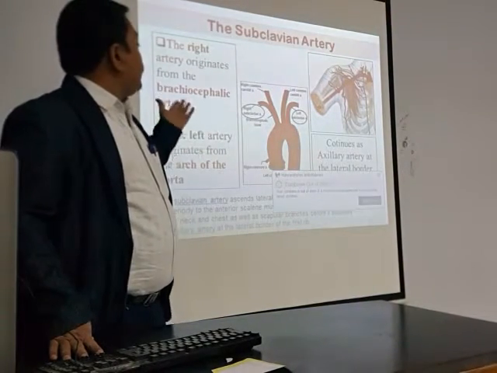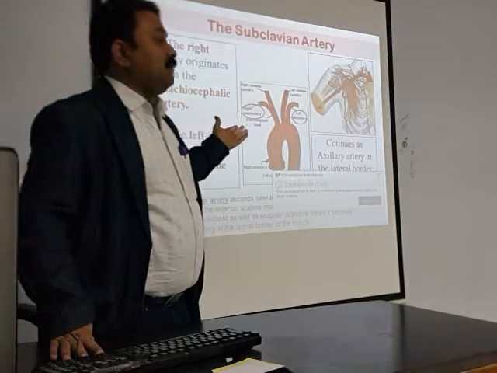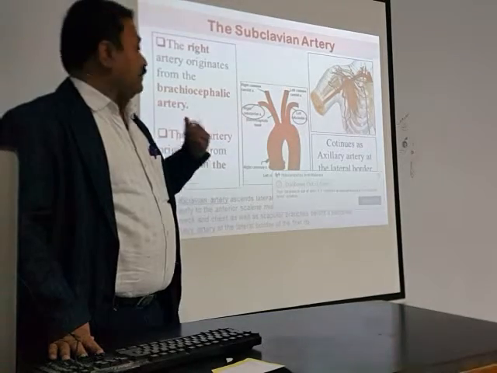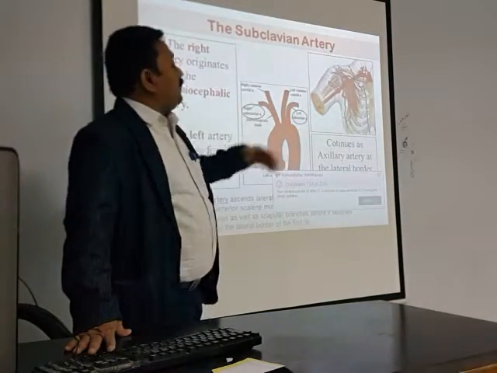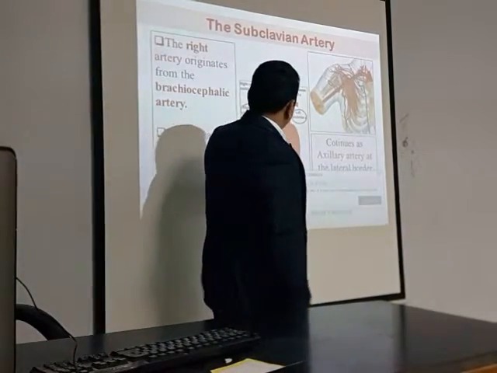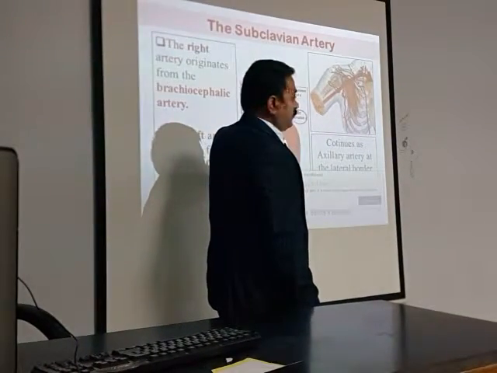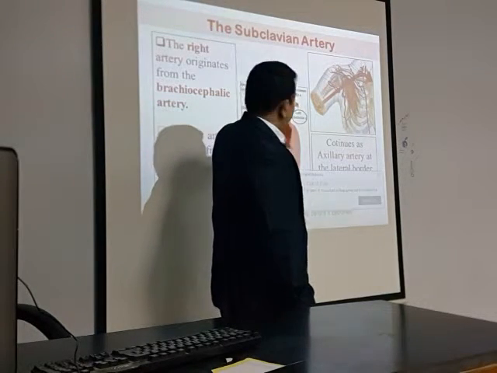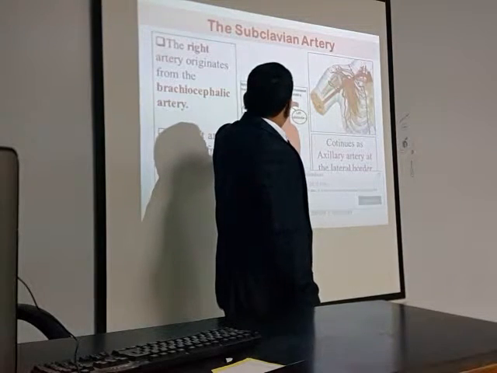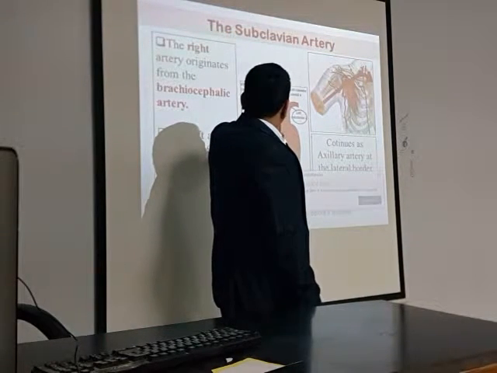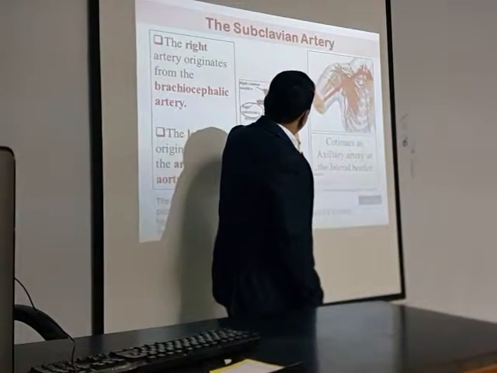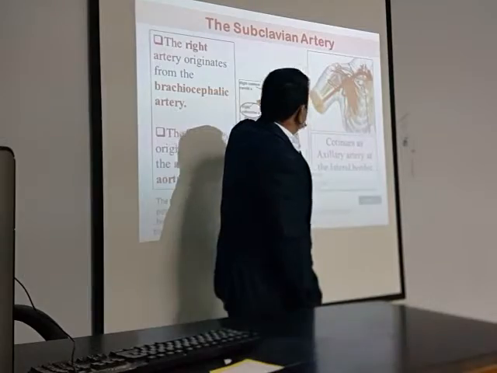The right subclavian artery originates from the brachiocephalic artery, and the left subclavian artery originates directly from the arch of aorta. This is the ascending aorta, arch of aorta, and the descending aorta. So this part is the arch of aorta.